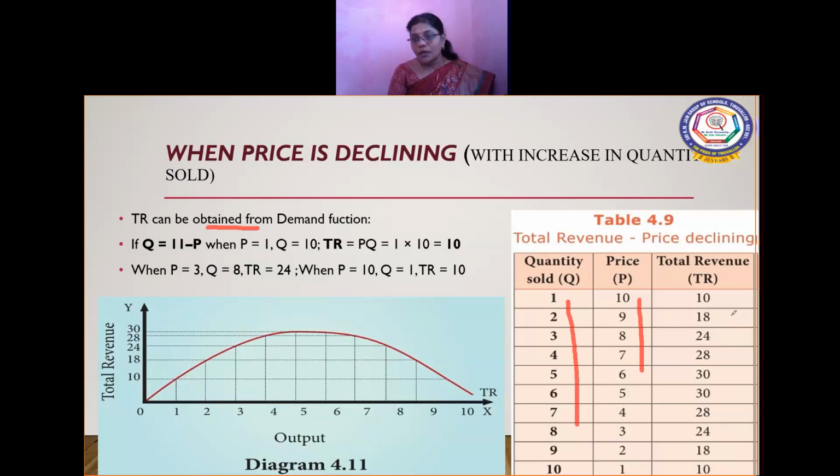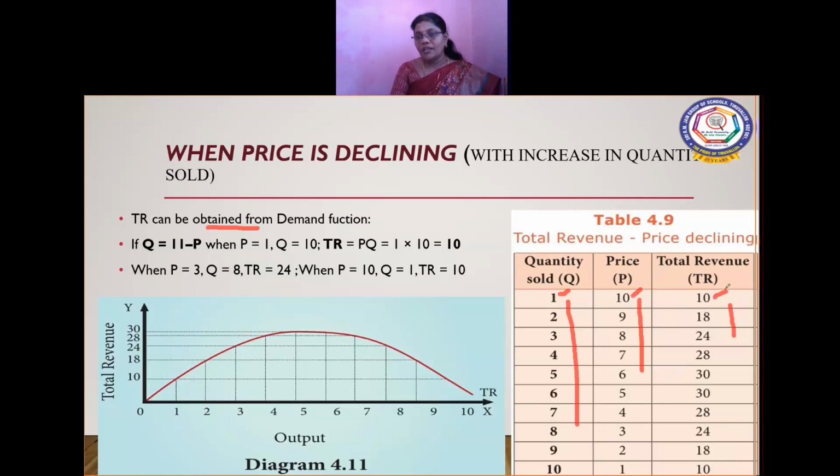So here total revenue will also change. For example, if you take the festival season, the price of flowers will be fluctuating. If you go in the morning to buy a rose, you may have to spend 10 rupees to buy one rose. So the total revenue the seller is getting will be rupees 10.